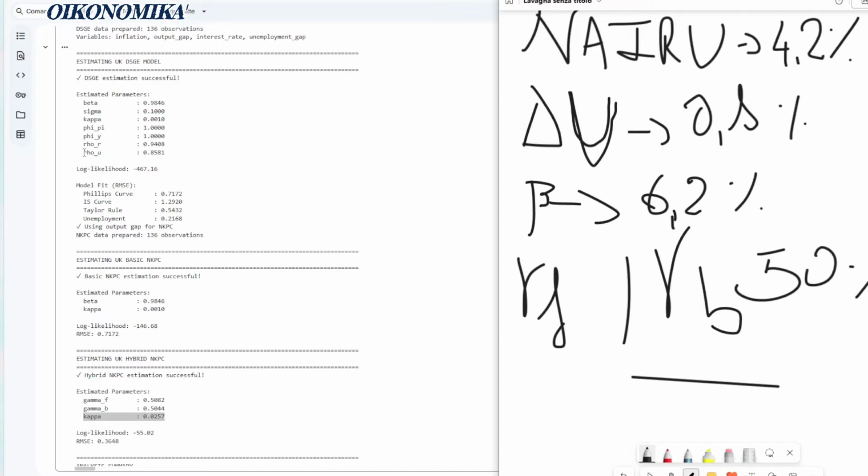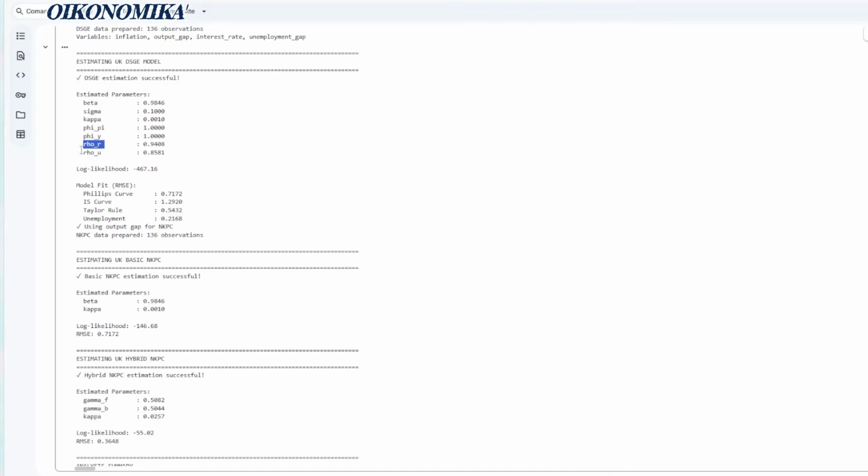Now, what do we have here? This rho of U and this rho of R, a Greek letter. So R is for interest rate, and U is for unemployment. So this rho of U, 0.85, identifies in the modeling a certain level of persistency in unemployment.